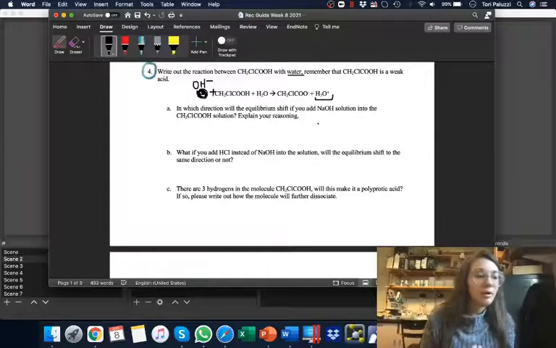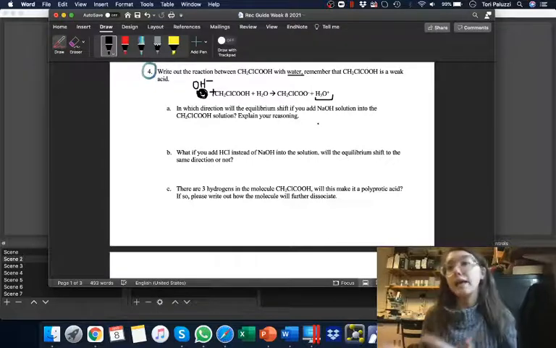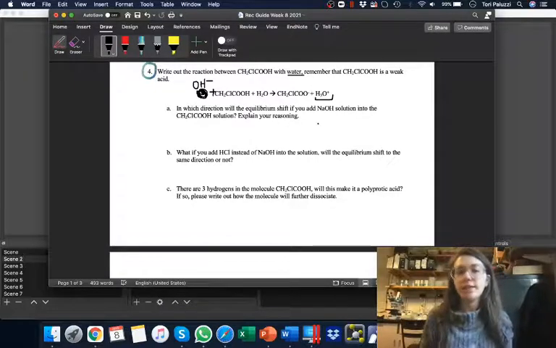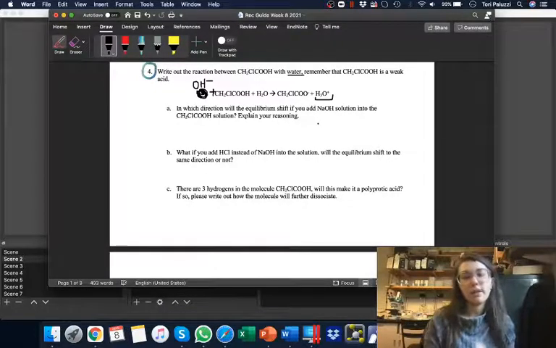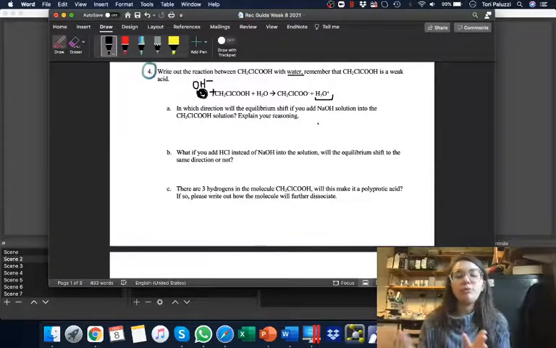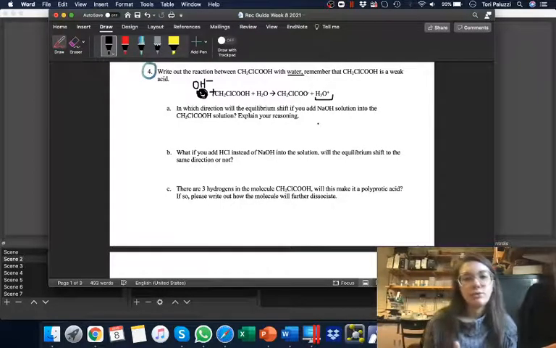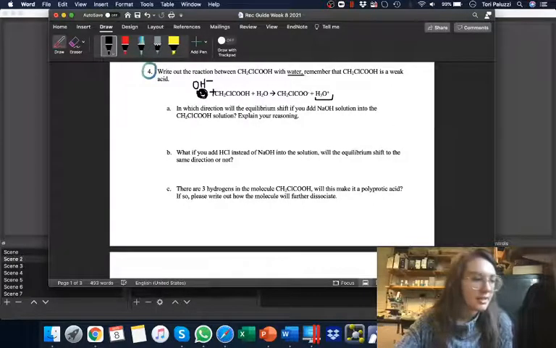Because when I think about NaOH, I know that it's a strong base. I know strong bases, like strong acids, completely dissociate. I now have another ion on this side. I know moving forward, it's not going to change how many products I have on this side, right?